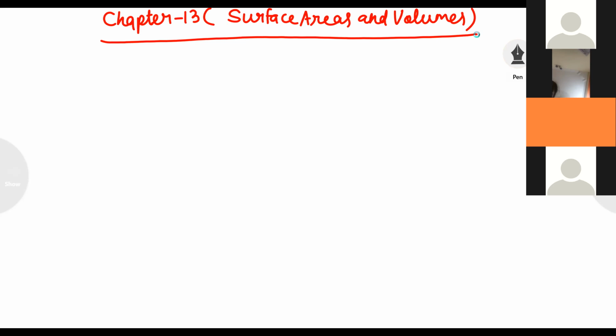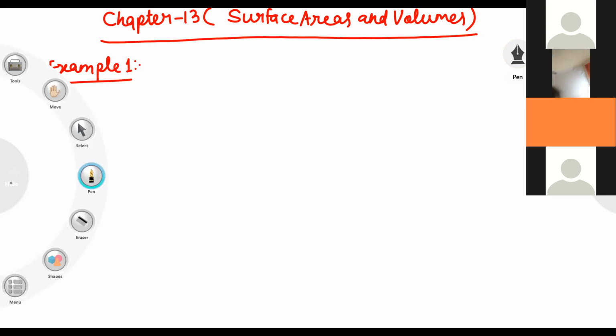So many questions we have solved on surface area and volume of cone. Now some more questions we are going to solve based on cone only. Note down example 1. First example, a right angle triangle.